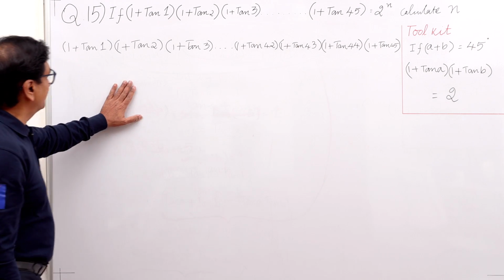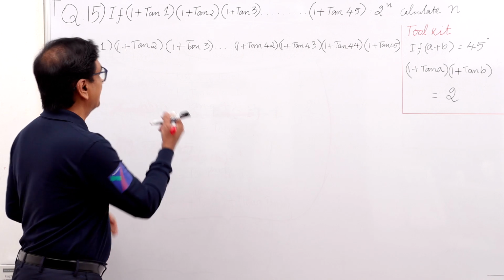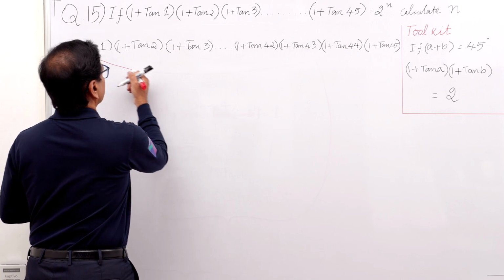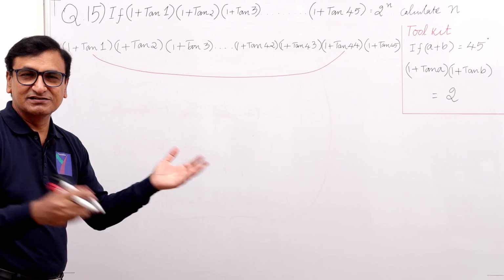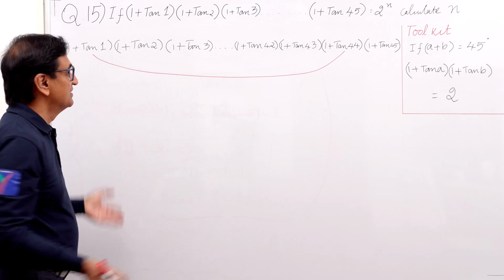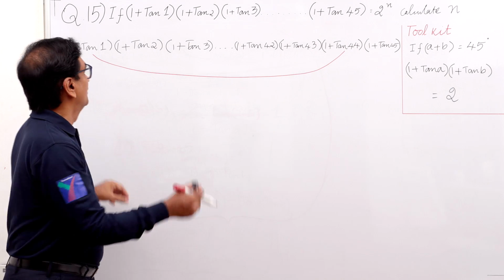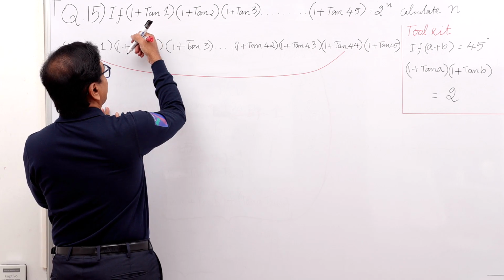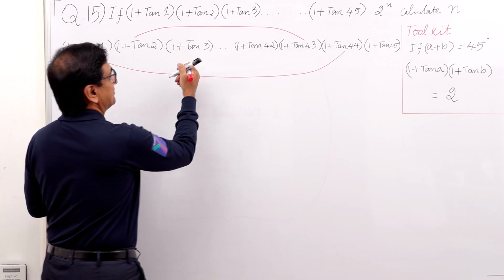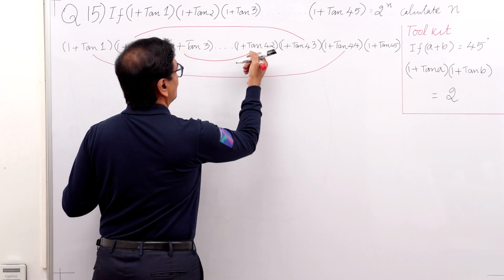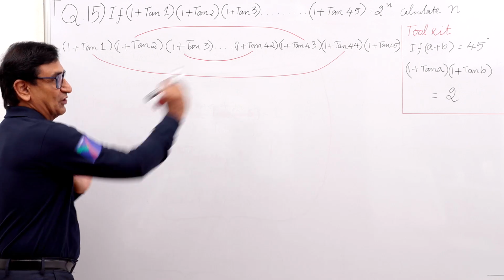Just notice we have 1 + tan 1 and 1 + tan 44, so we can combine these two. Since it's a product, we can rearrange the terms the way we want. So 1 + tan 1, we can combine with 1 + tan 44. Similarly, 1 + tan 2, I can combine with 1 + tan 43. Then 1 + tan 3, I can combine with 1 + tan 42, and so on. So let me rewrite this as a column instead of in a row.